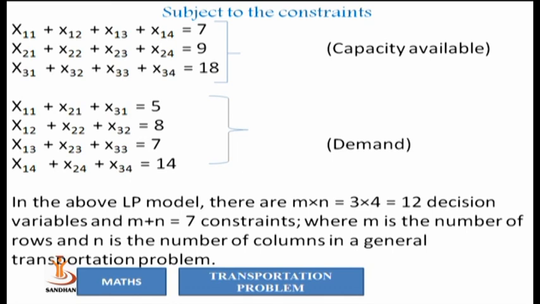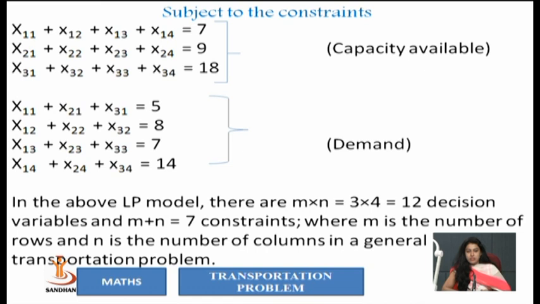We also have certain constraints here. X11 plus X12 plus X13 plus X14 is equal to 7, where X11, X12, X13 and X14 are the units shipped, and 7, 9 and 18 are the different capacities available with different suppliers.